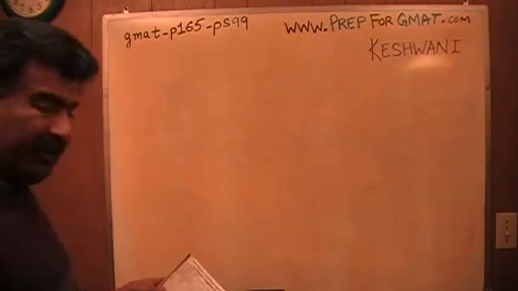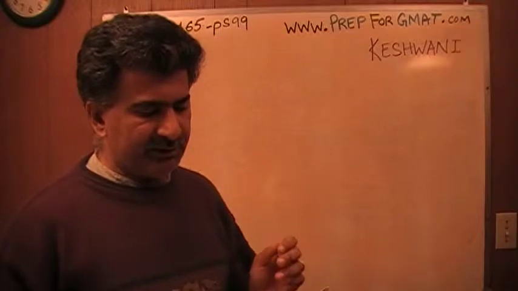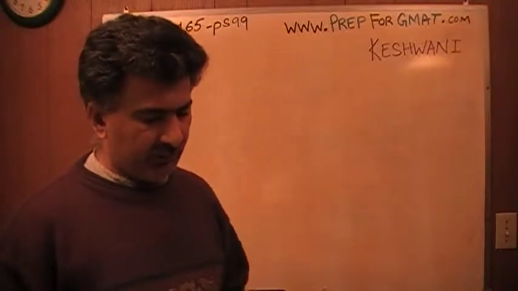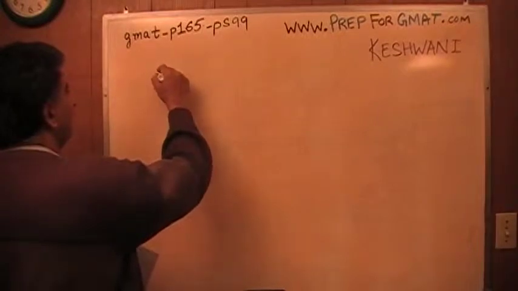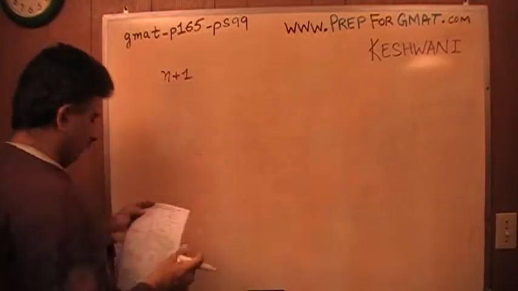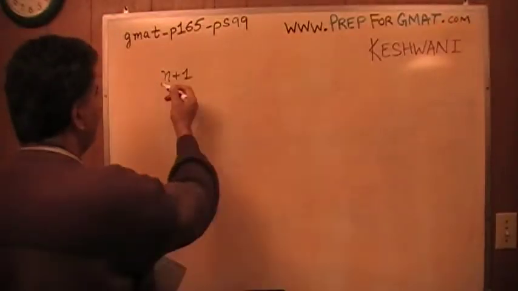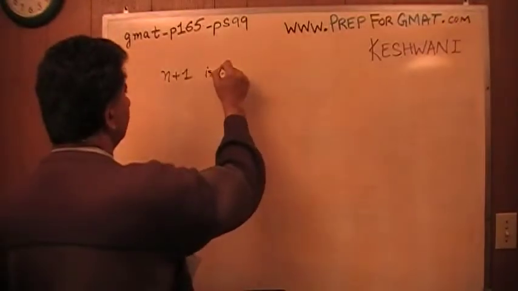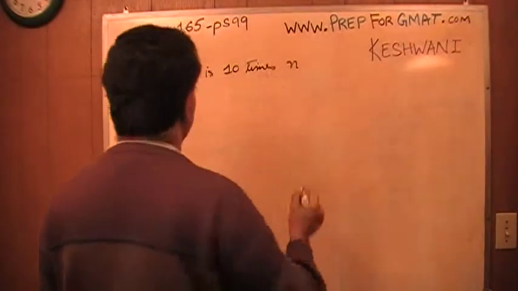Read the problem with me, otherwise it will not make any sense to you. It says, on a scale that measures the intensity of certain phenomenon, a reading of n plus 1 corresponds to an intensity that is 10 times the intensity. N plus 1 is 10 times n.